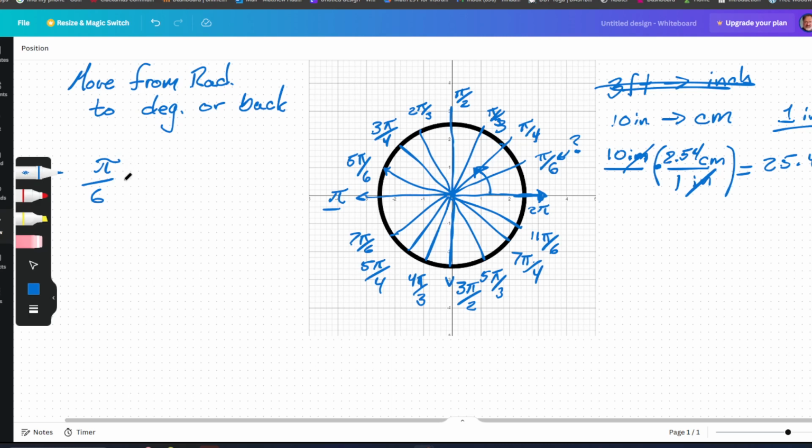So take our pi over 6 radians and multiply by something that's going to get the radians to go away. So I want the radians in the denominator, so they'll cancel. Notice the pi isn't radians. The pi is just the number, pi over 6, and this is radians. So I want those radians to cancel, and I'm going to introduce degrees. So all we need to know is a radian measure and a degree measure that are equal.